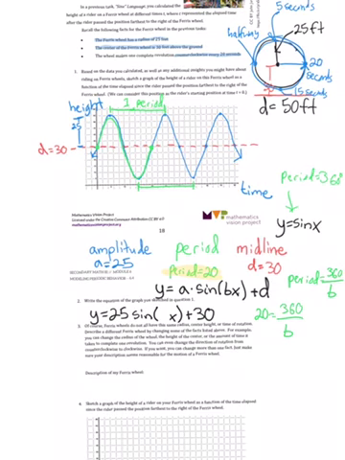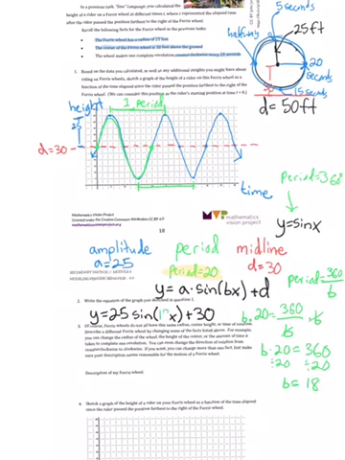And we have to use our algebra skills to calculate what the b value is going to be. So we can multiply both sides by b, so we're going to end up getting b times 20 equals, the b's will divide out on this side, 360. And now we can divide both sides by 20 to find our b value. And in this case, 360 divided by 20 equals 18.